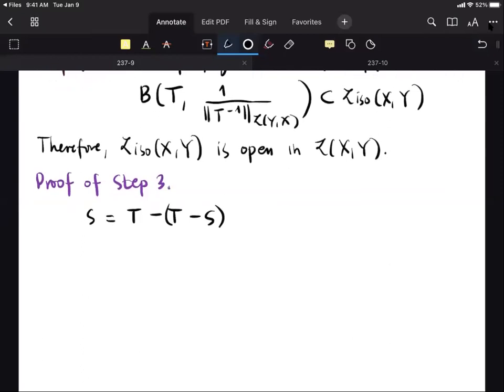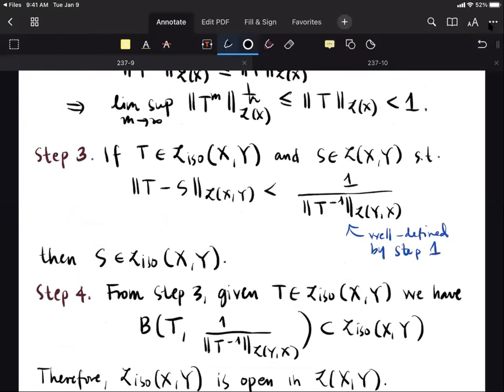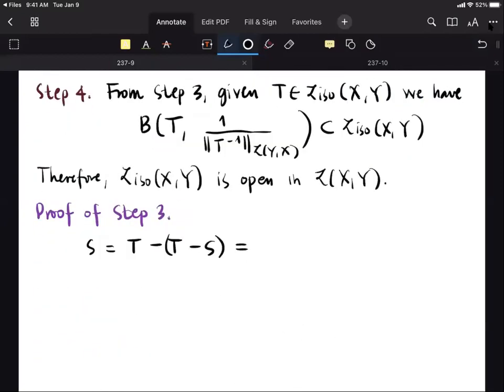And furthermore, according to the Banach inverse theorem, since T is an isomorphism, T inverse exists and it is bounded.